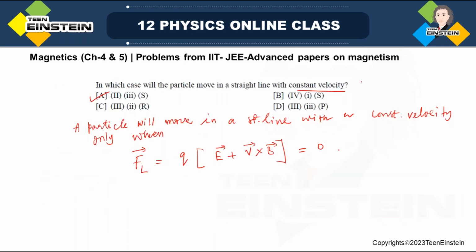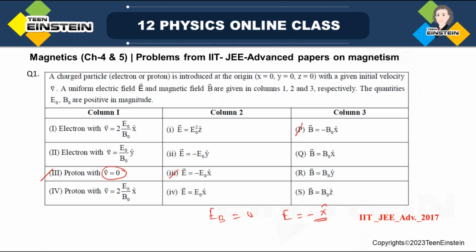Let us take another option here itself. If we take C, 3, 3 to R. In this case also, the velocity is 0. So the charged particle will move in the negative y direction, that is fine.